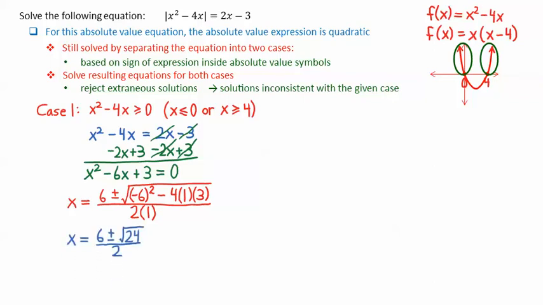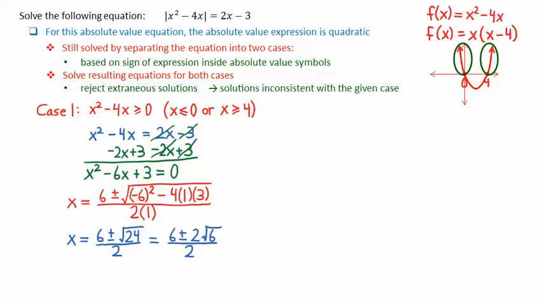This gives a result for x of 6 plus or minus root 24 divided by 2. Note that root 24 can be written as root 4 times root 6. And then that root 4 is 2. We can then simplify this to x equals 6 plus or minus 2 root 6 over 2.